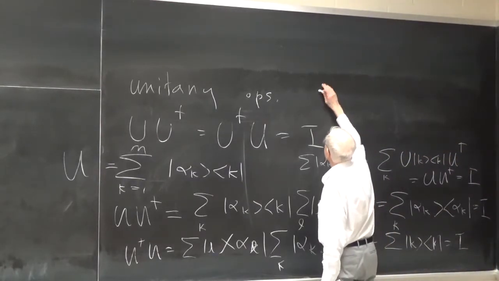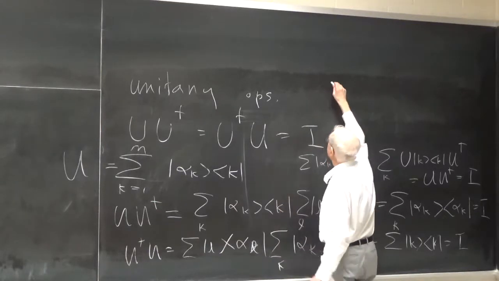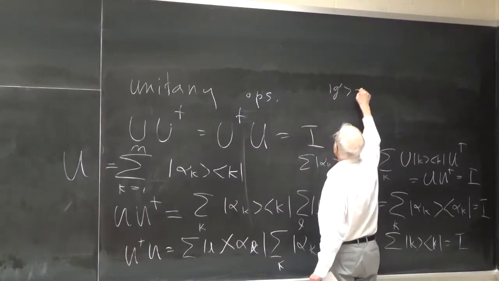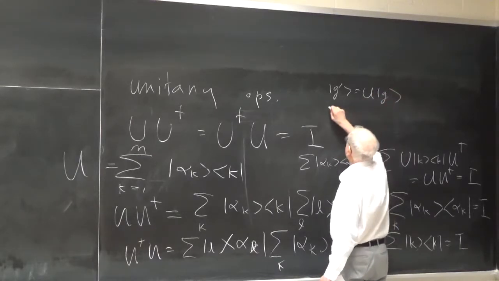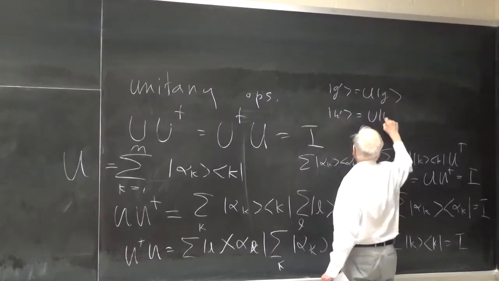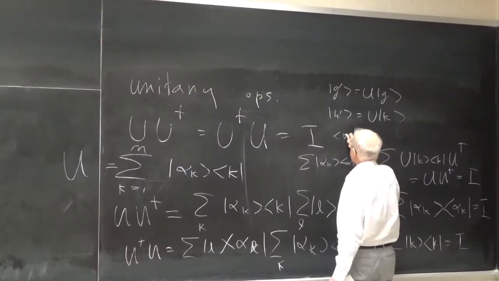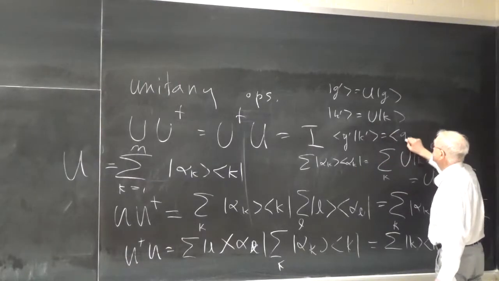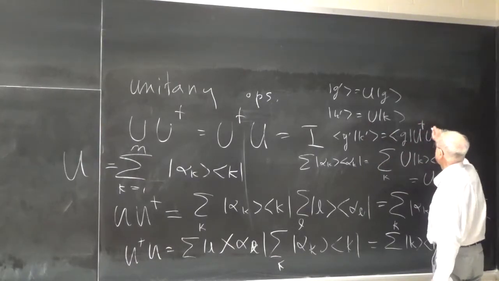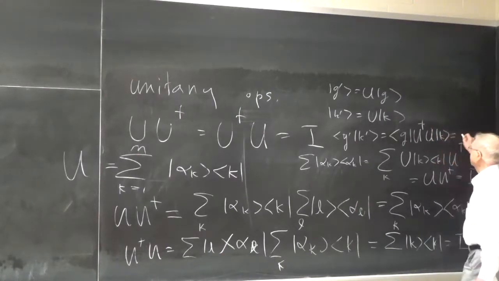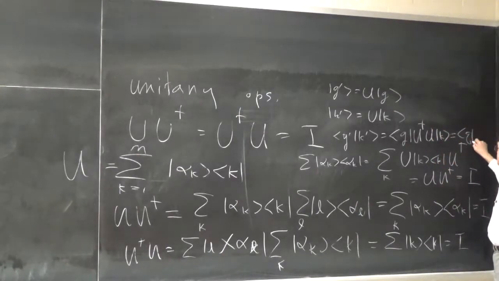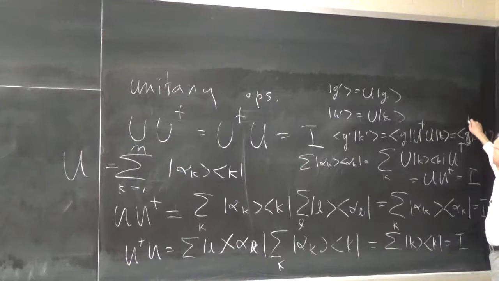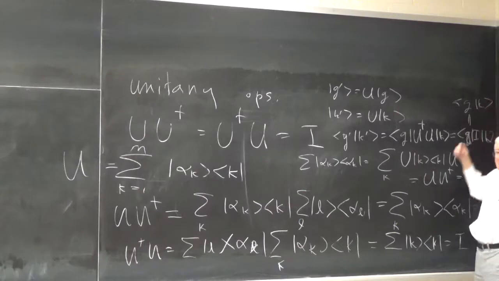So if we have, let us say, G prime is UG and K prime is UK, then G prime K prime, which is G U dagger U K, is equal to G identity K, and that is whatever GK happens to be.